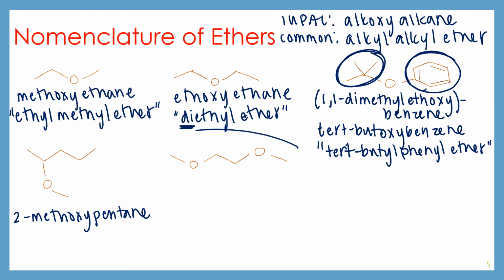If you look at the next one, the longest continuous carbon chain here is ethane, even though this molecule looks quite a lot larger. Oops, I just drew a circle I'm not allowed to erase. That's okay. And then we have 2 methoxy groups that are both substituting onto the ethane. So the best name for this would be 1,2-dimethoxyethane.